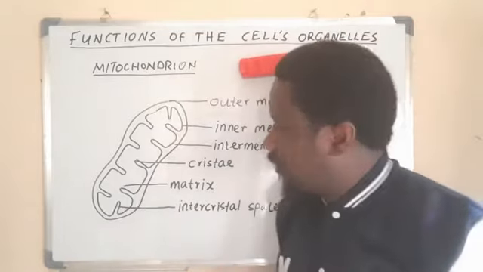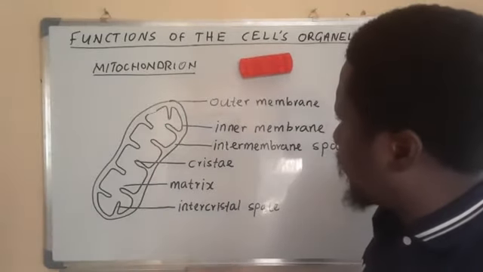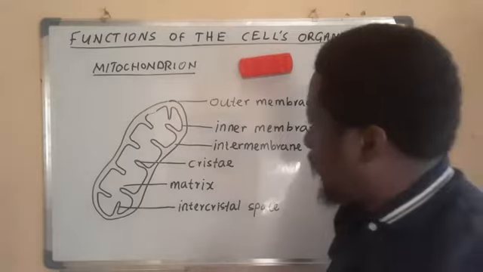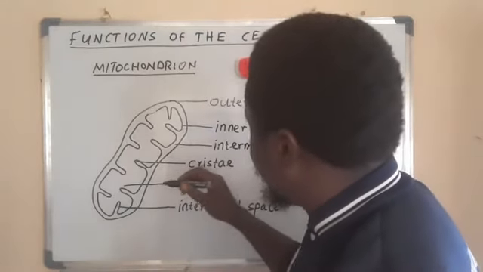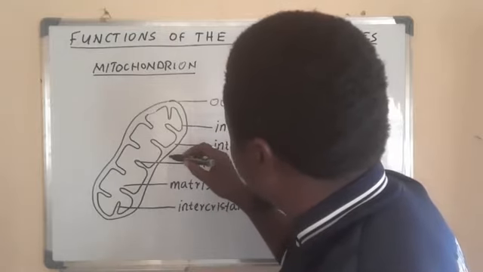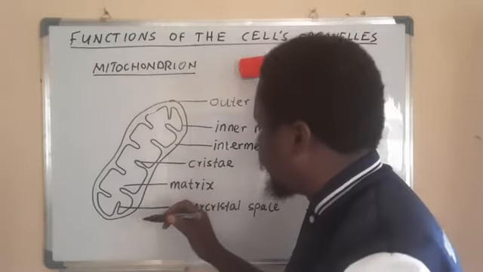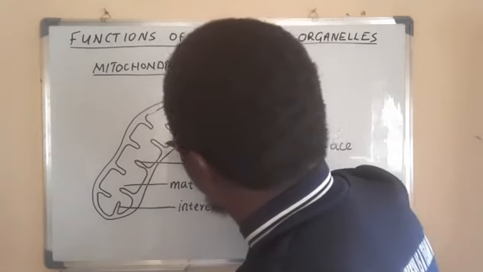Inside the matrix, there are some enzymes which we call ATP synthase. Their responsibility is to synthesize ATP, which is considered to be the energy currency of the cell.